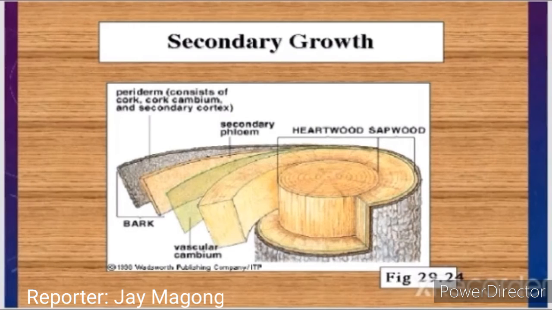The newer functional xylem is called sapwood. The exterior layers of phloem eventually become crushed against the cork cambium and are broken down. Mature trees contain many interior layers of older, non-functional xylem deep within the stem, but only a small amount of older phloem.